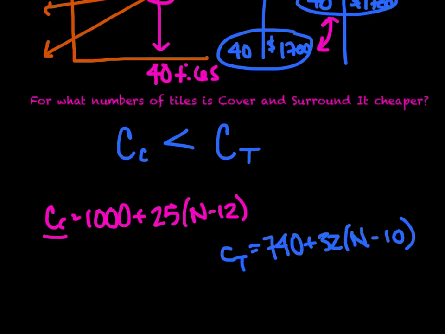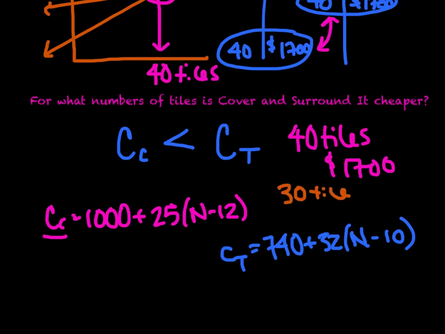So we know our turning point, our tipping point, happens at 40 tiles. At 40 tiles, both companies make $1,700. So one company prior to that point is going to be cheaper than another company. So how can we figure out which one it is? Well, let's try 30 tiles.